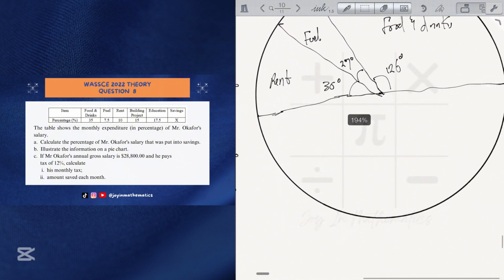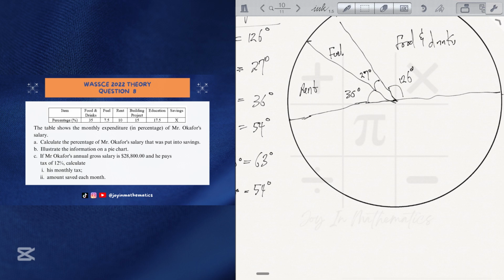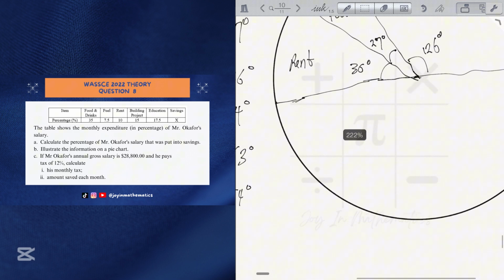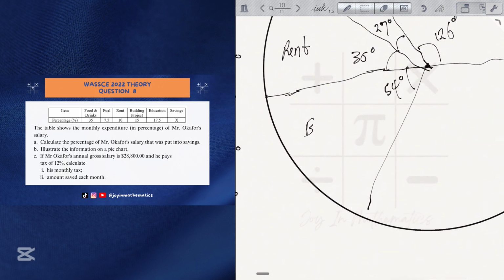Afterwards is building project, which is 54 degrees, and it will fall here at this angle. It's just a sketch, so you will have to perfect this yourself.